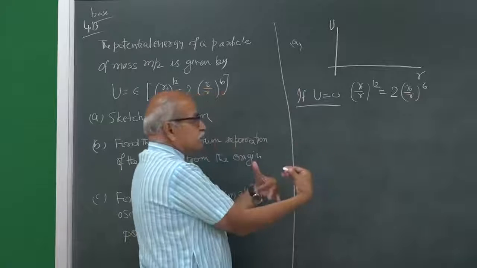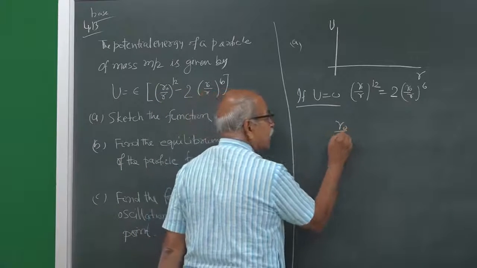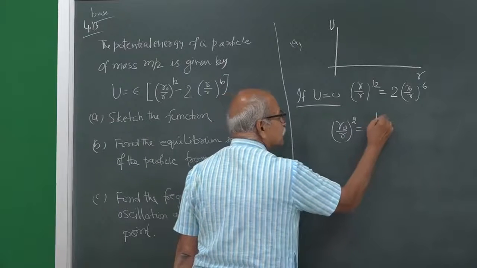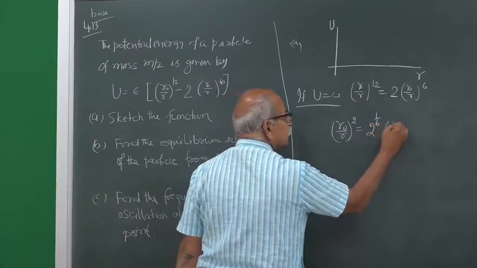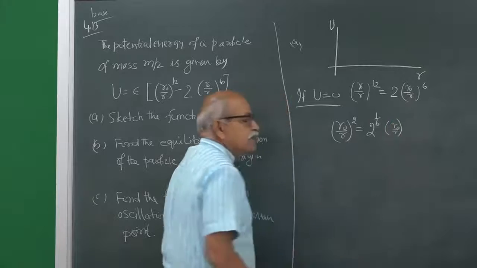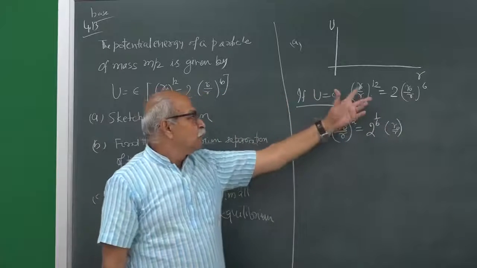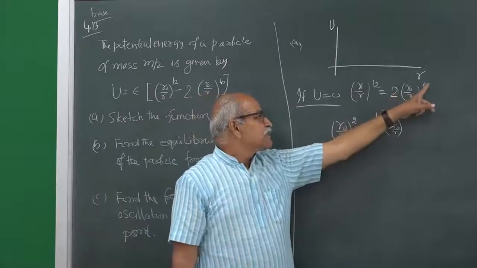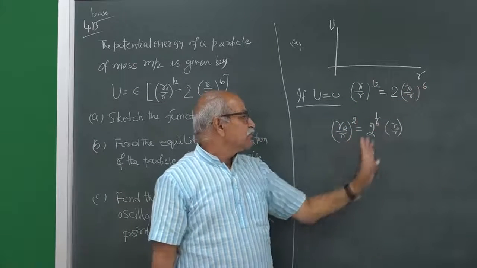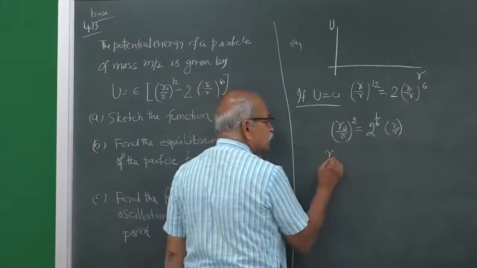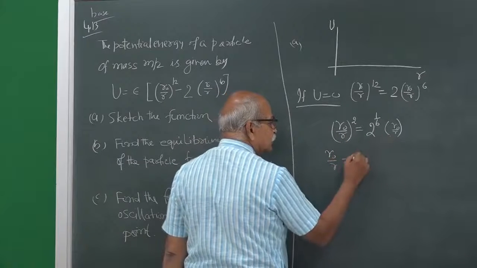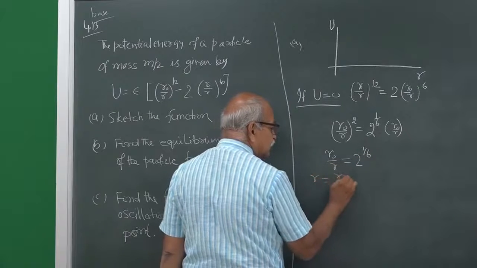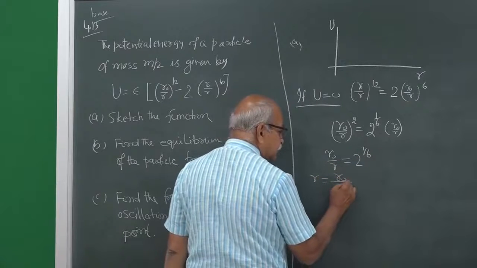If I take the sixth root, it is r naught by r equal to 2 to the power 1 by 6. So, r is equal to r naught divided by 2 to the power 1 by 6.